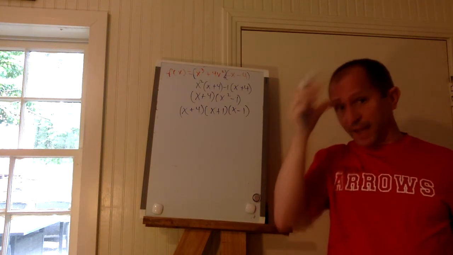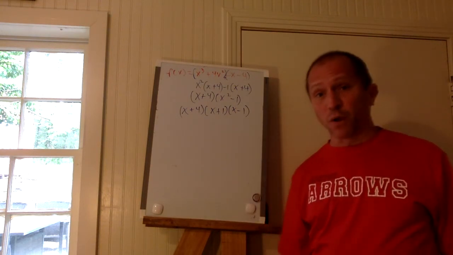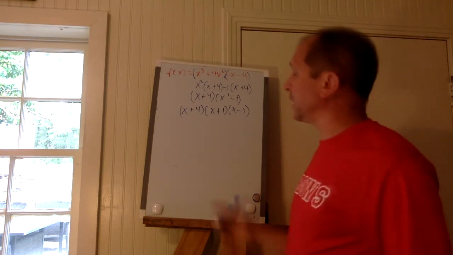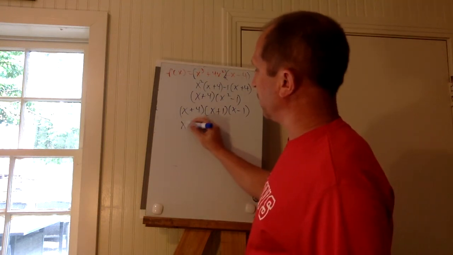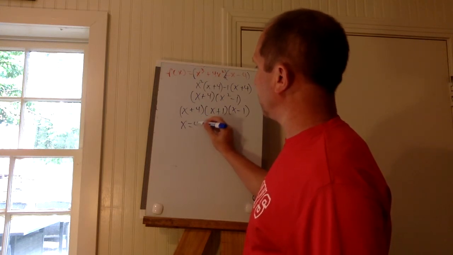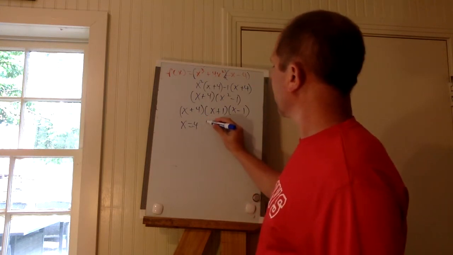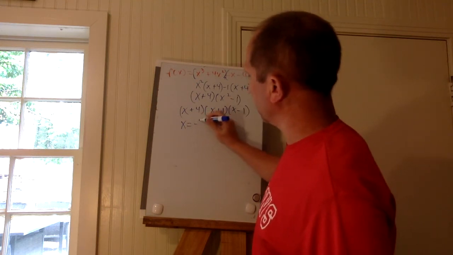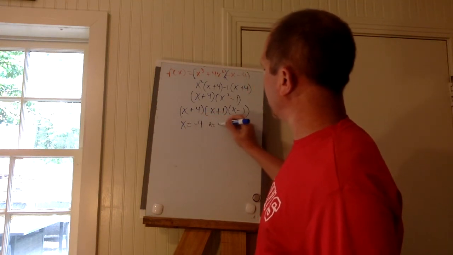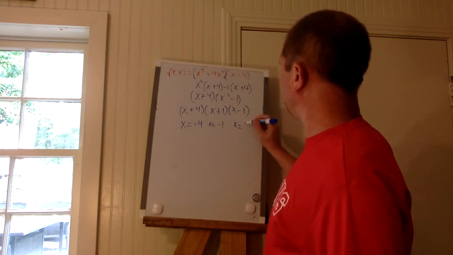Now, you know from the past, to find a 0 here, what you would do is set each portion equal to 0. So we would see we'd have a 0 at x equals negative 4. I can make that neater for you. x equals negative 1 and x equals positive 1.